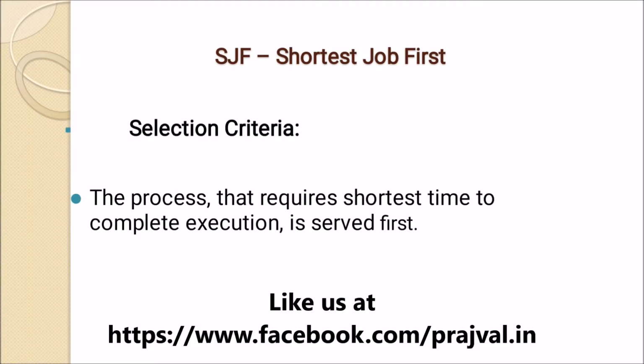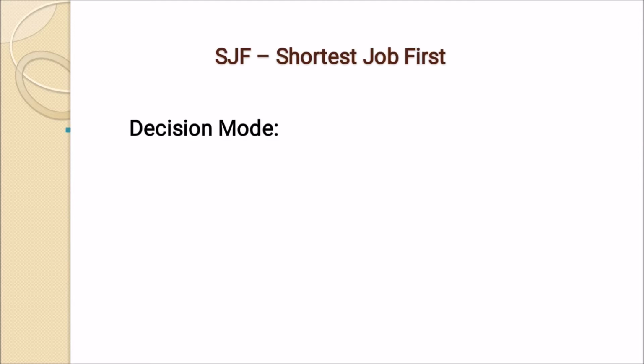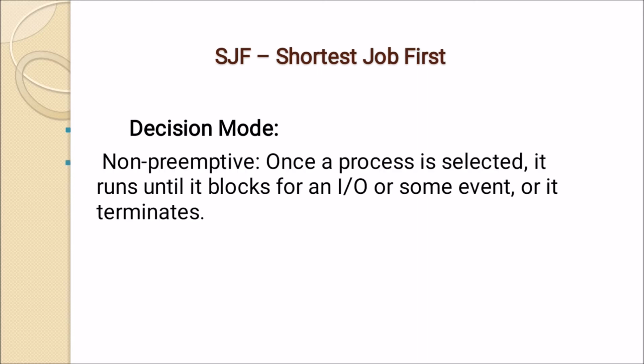The process that requires the shortest time to complete its execution is served first. This is the basic criteria: the process that requires the minimum amount of execution time in the CPU will be selected first. Now the decision mode: it is non-preemptive.